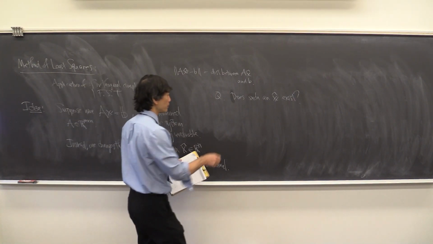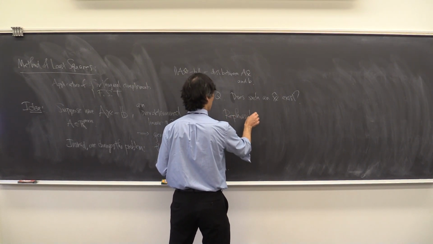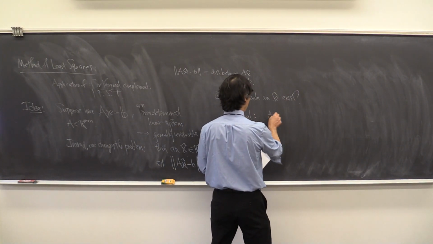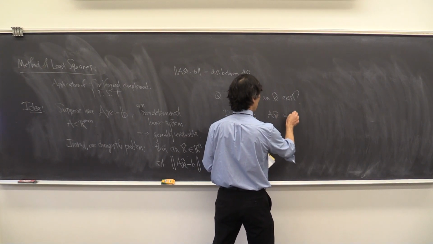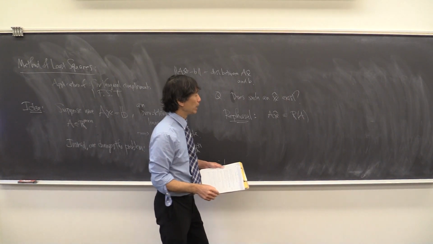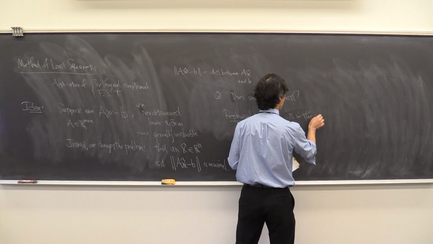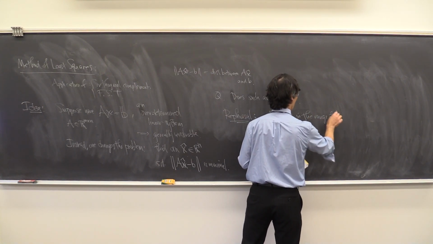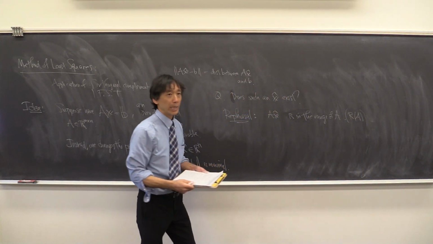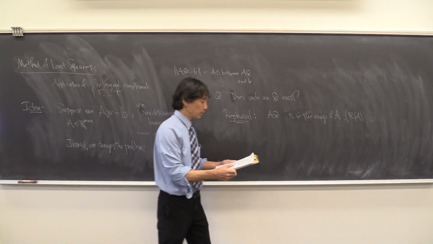We're going to rephrase the question just slightly. Ax is in the range of A. And so what we're really asking is, can we find somebody in the range of A that's closest to b?